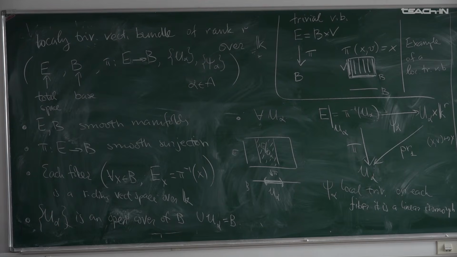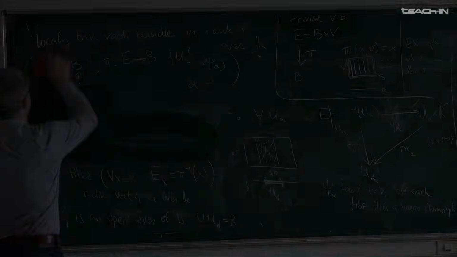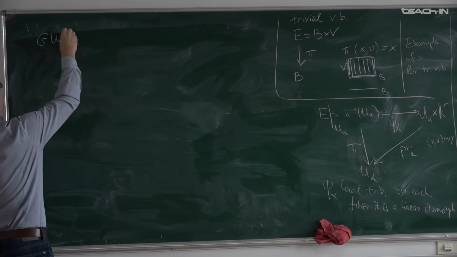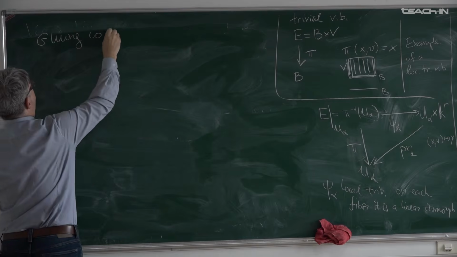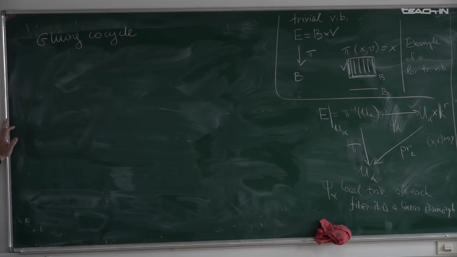Before we proceed with some other examples, let us introduce a very important notion of gluing cocycle. Are you acquainted with it? Gluing cocycle. Yes. Okay, so let me remind you what the gluing cocycle is. Imagine we have two local trivializations which intersect at some place.